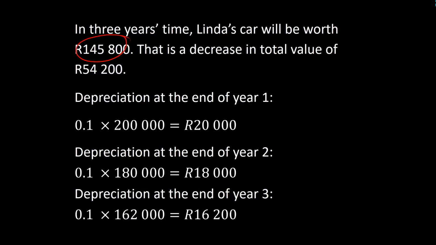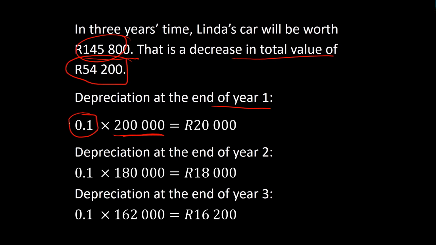So that is why we call it reducing balance. Okay. So how do we work out the decrease each and every year? So remember, we said that in 3 years' time, the car will be 145,800 Rand. That's what it's going to be worth. So in total, that value has decreased by 54,200 Rand. So to work out the depreciation at the end of the first year, all we do is we take the depreciation rate and we multiply it by the value of the car at the initial point of time.